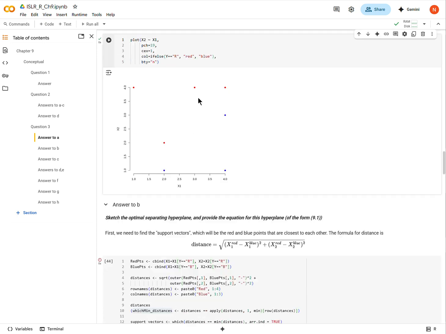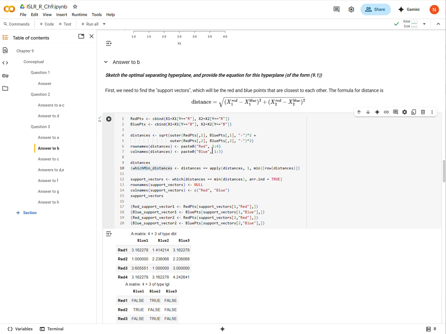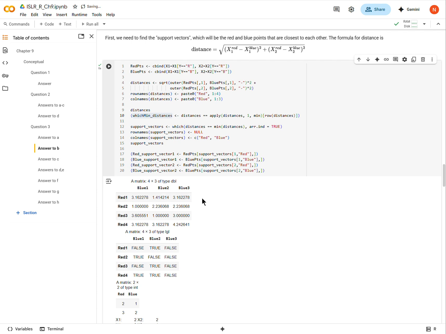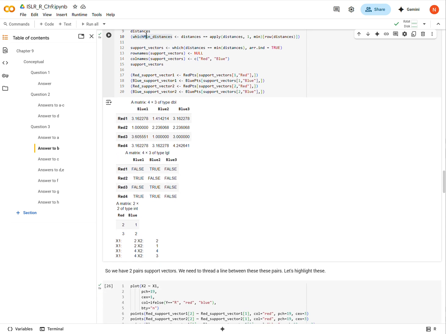Let me redo that here. Okay, here we go. This top matrix gives the distance between each red and each blue dot, and then for each red dot, we get which blue dot is closest. I'm not entirely sure that this second matrix is necessary.